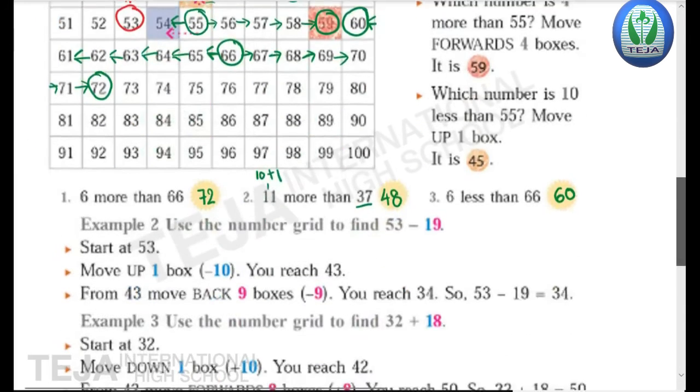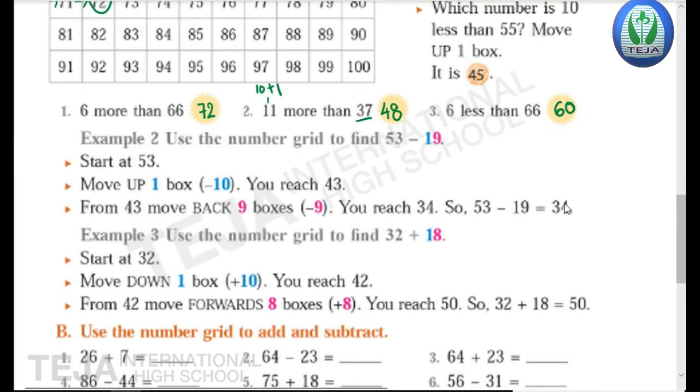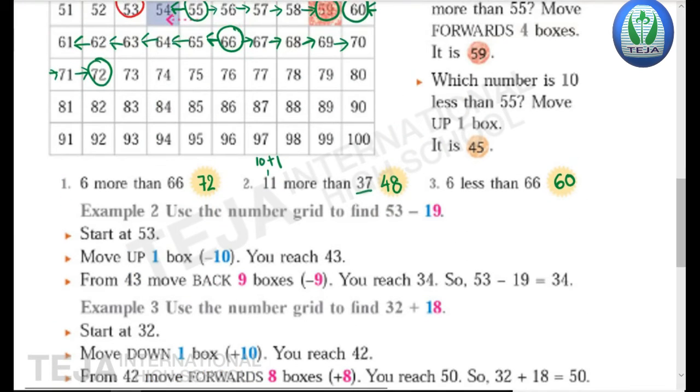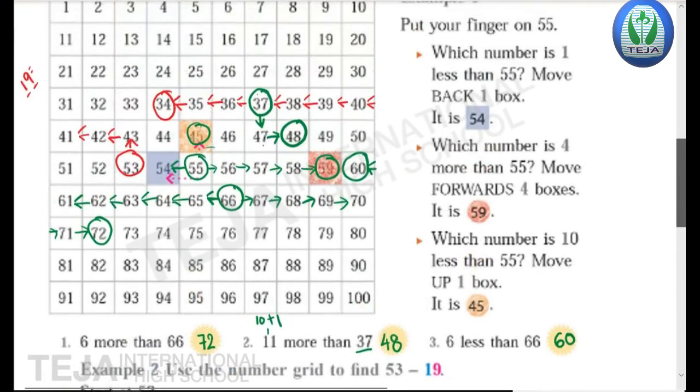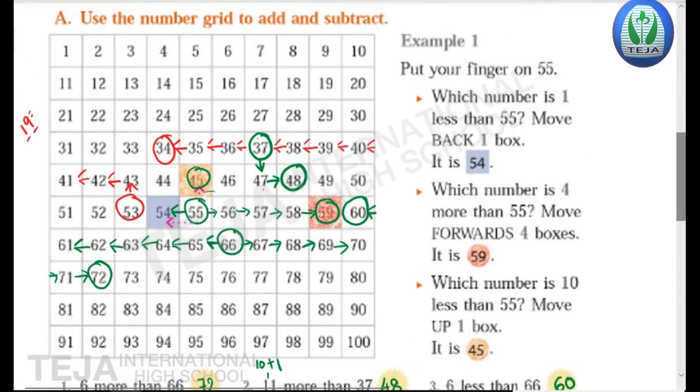It's 34. Okay, 34. Now next one is 32 plus 18. Here the bigger number is 32. You have to add 18 to 32. So where is 32, children? Here 32 is there. So for 32 you have to add 18. In tens place 1 is there, so you have to move one box down.